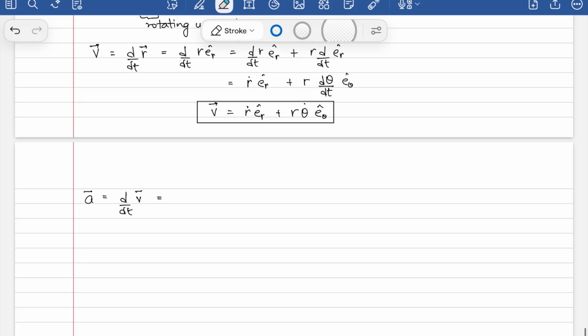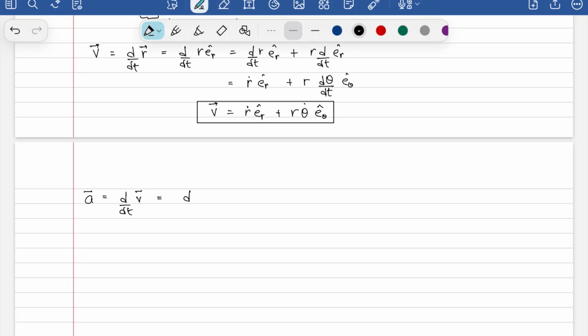Okay, so it is the differentiation of r dot er hat plus r theta dot e theta hat, which if you were to now apply the product rule, you can do it as d dt of r dot er hat plus r dot d dt of er hat.